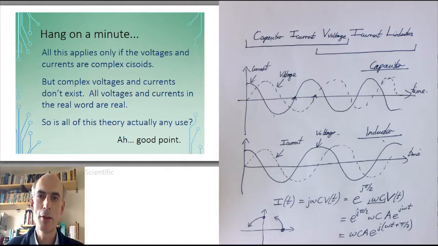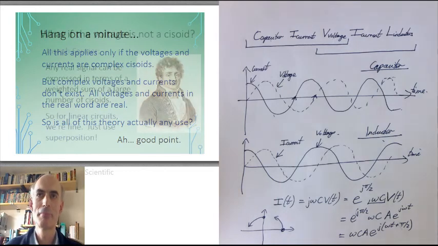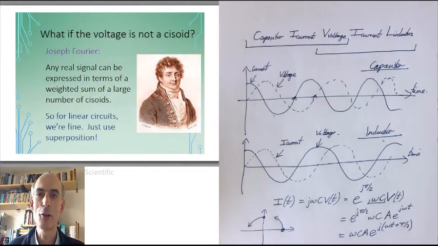Well, no. Thanks to the work of a guy called Joseph Fourier. You'll be learning a lot more about Fourier's theories later. For now, we just need this key result. Any real signal can be expressed in terms of a weighted sum of sinusoids.